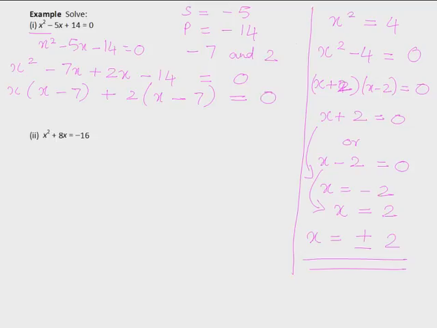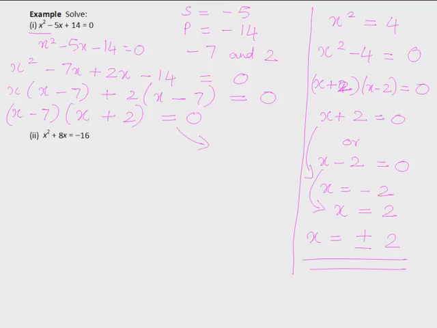Now the two terms have x minus 7 common, so I factor out x minus 7. The first term leaves behind an x, the second term leaves behind a 2. And I have my factorization. I have x square minus 5x minus 14 is equal to x minus 7 into x plus 2 equal to 0. Now it's easy enough to solve.